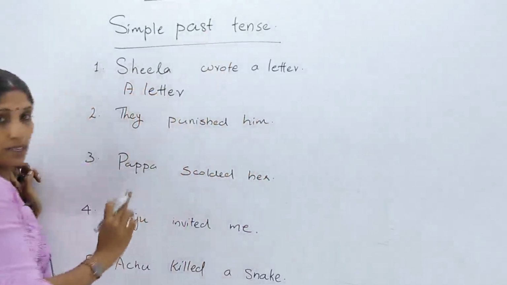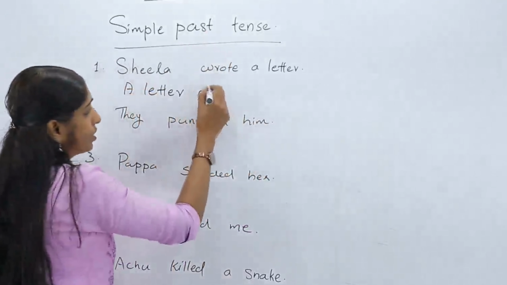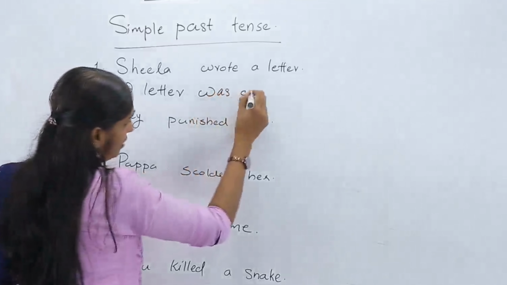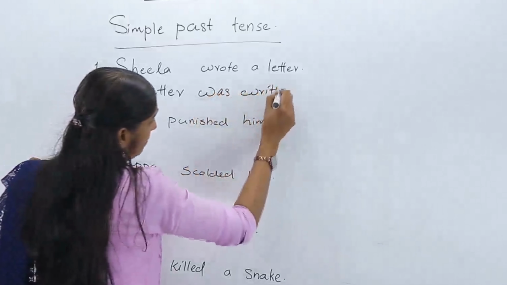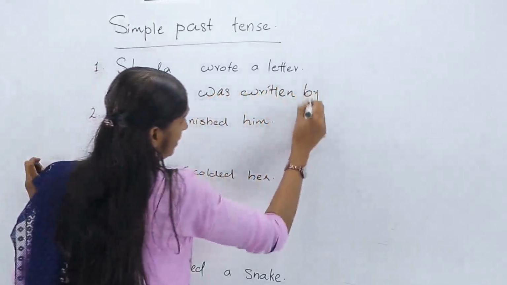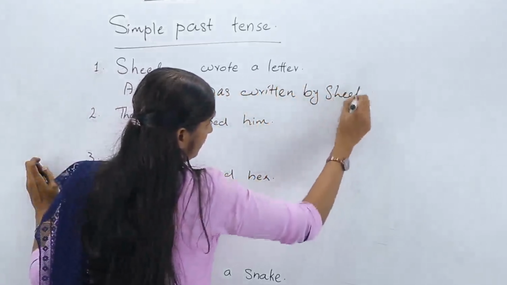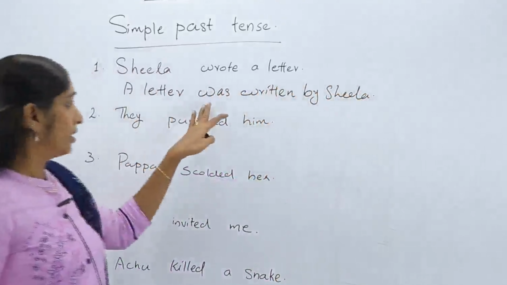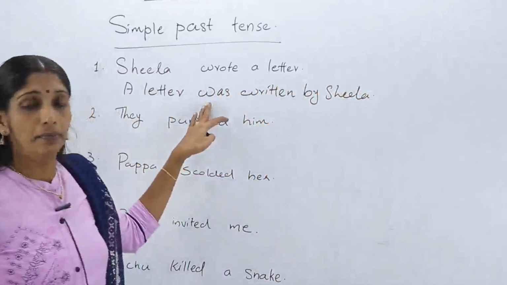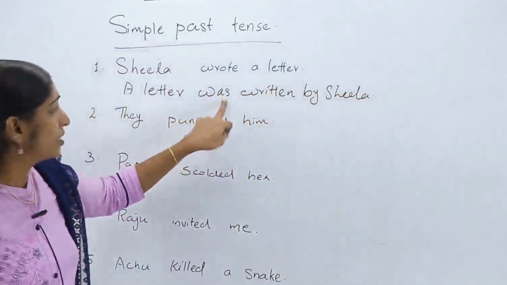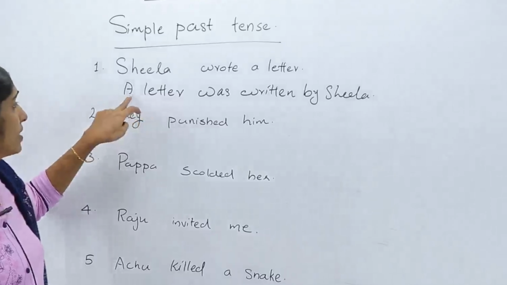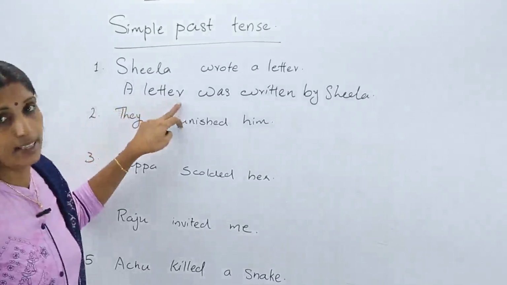This is in simple past tense. A letter. What is the auxiliary we have to use here? Was. A letter was written by Sheila. Here we have used the auxiliary was because the sentence starts with a letter, which is singular.